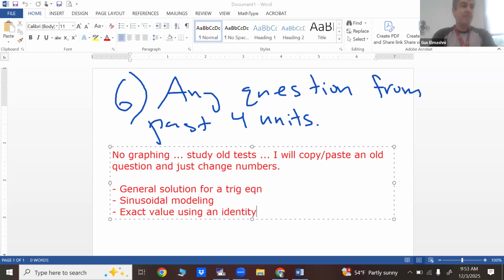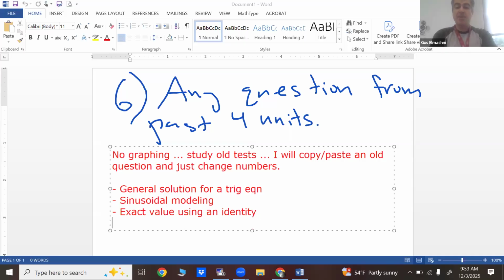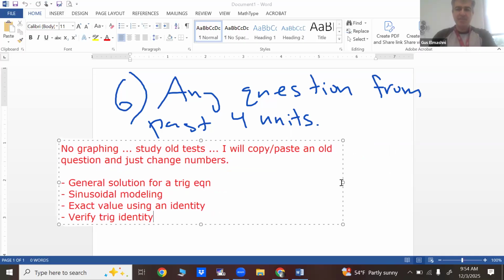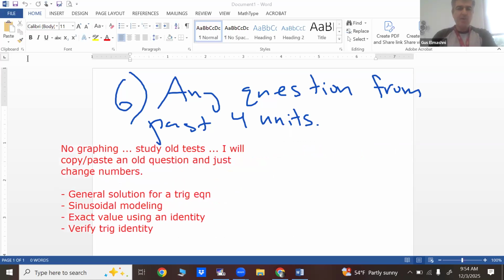And I will provide the identity if you need one. If you need that, I will provide the specific identity next to the problem. One of those, or there's more.